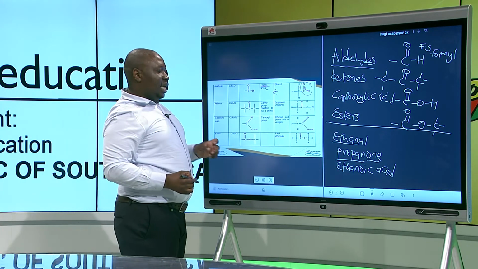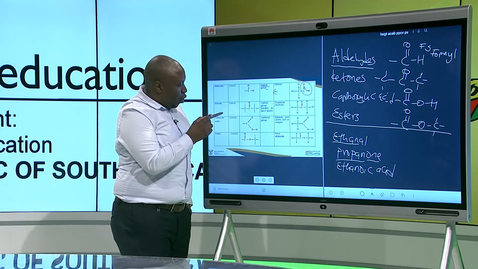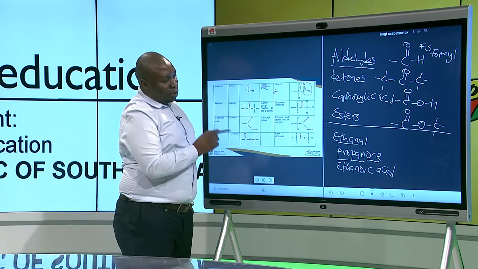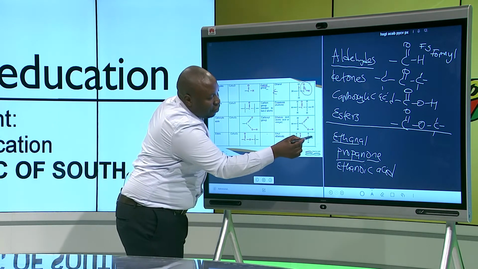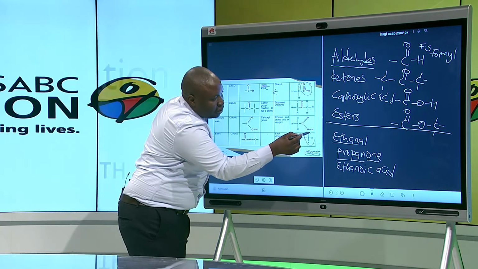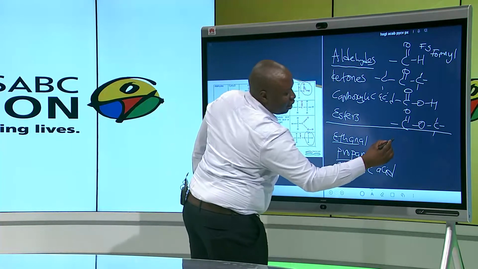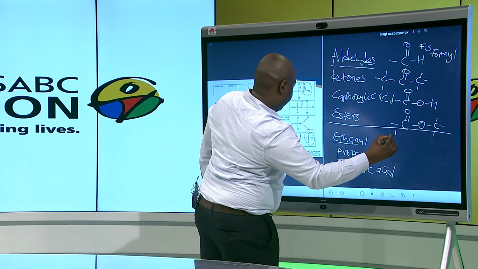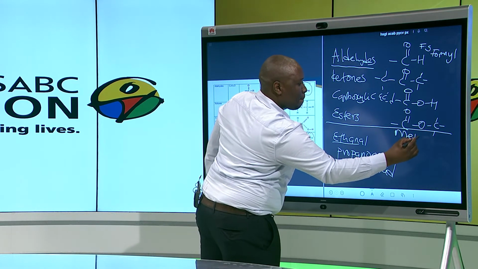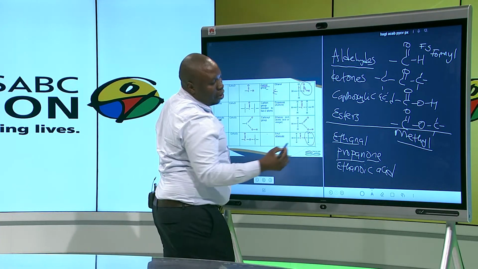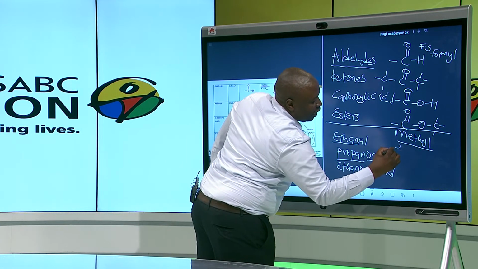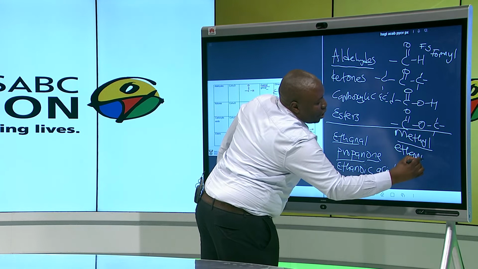The last one is esters. Esters are made up from alcohols and carboxylic acids. So when you're naming them, we all know CH3 is a methyl. And then when you have 2 carbons, it will be methyl ethanoate.